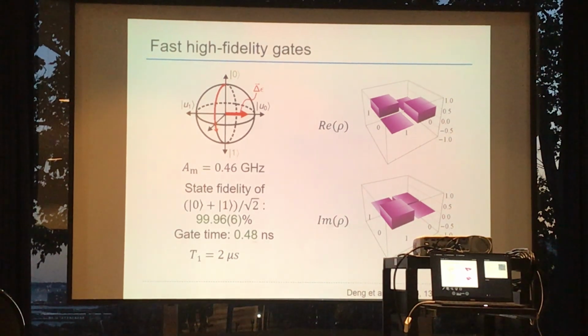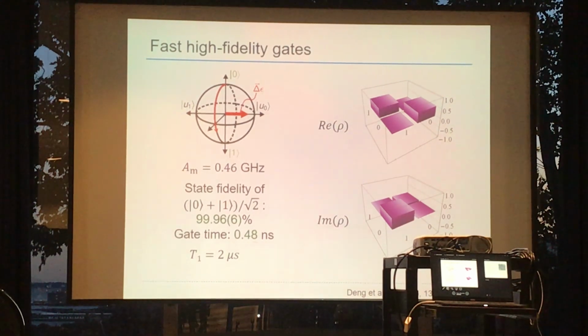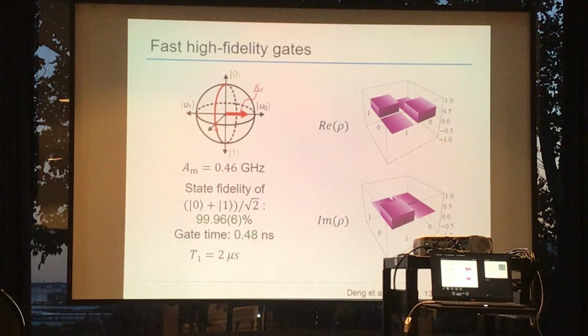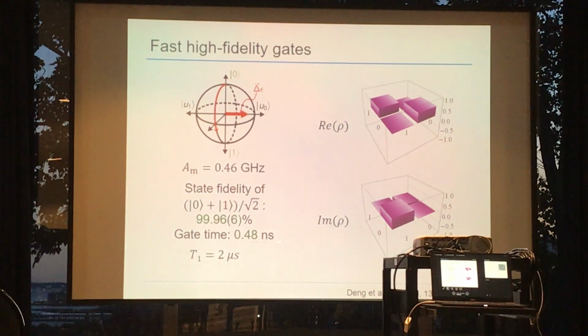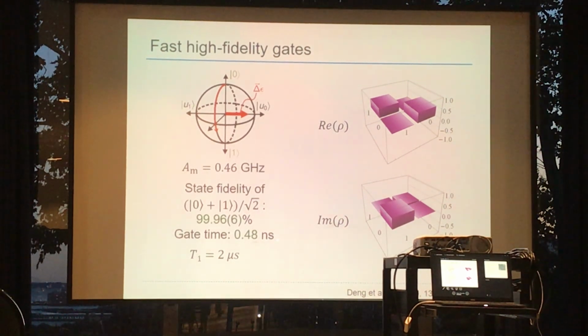We could do Rabi oscillations with a driving amplitude of 0.46 gigahertz, and we could attain extremely high fidelity, over 3 nines, if we shape these pulses properly. And we could do this over a time which was only 0.48 nanoseconds. So this is basically just a couple of oscillations long.